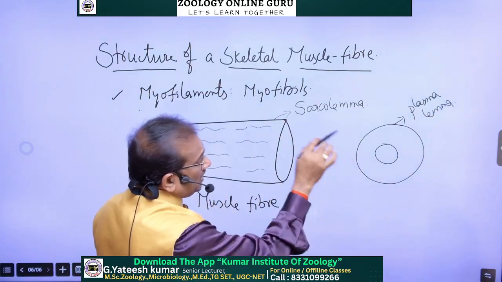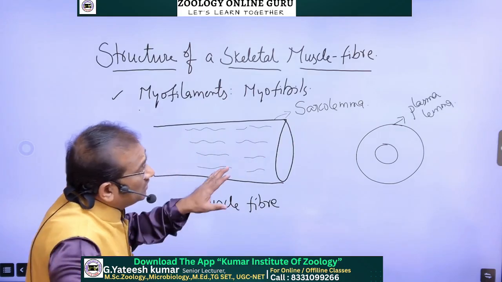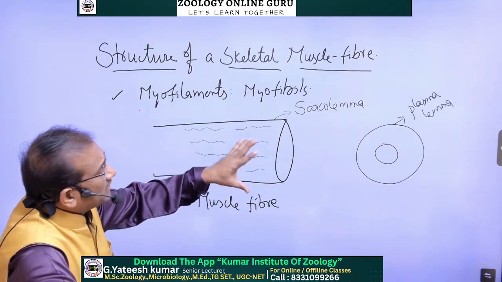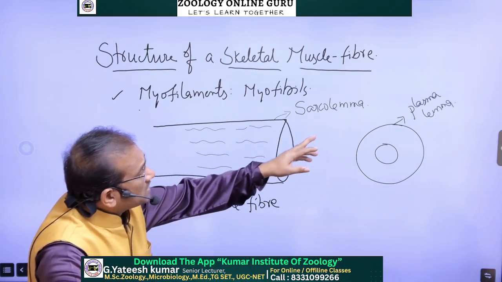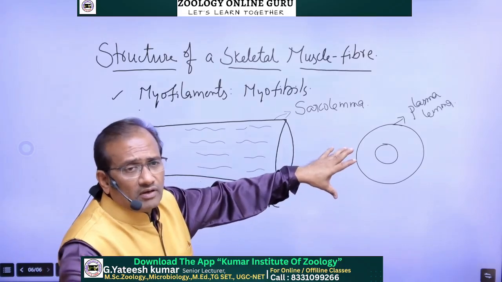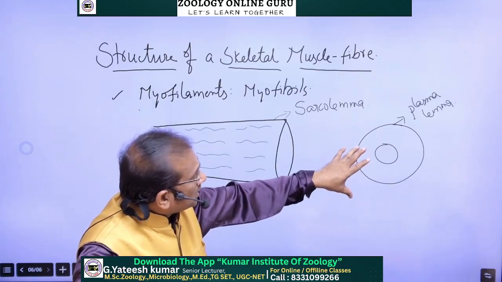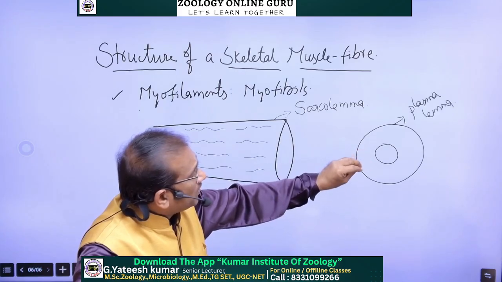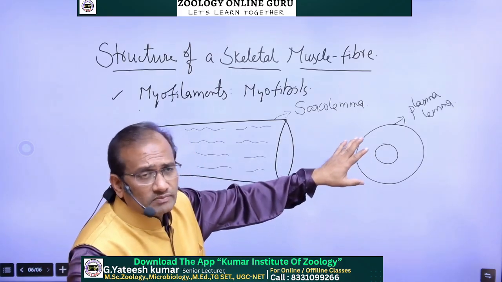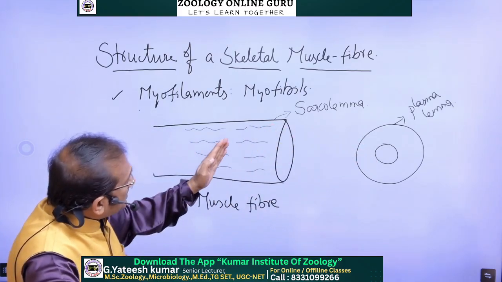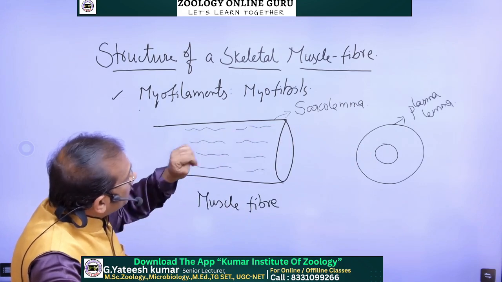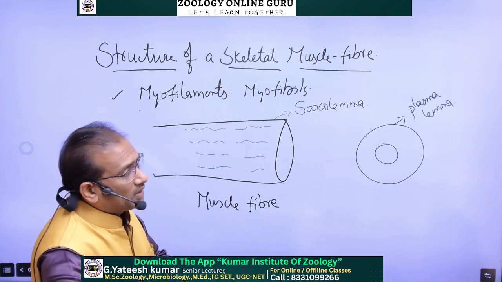So the names are somewhat changed in the muscle cell. But in the muscle, that cell membrane is known as sarcolemma.